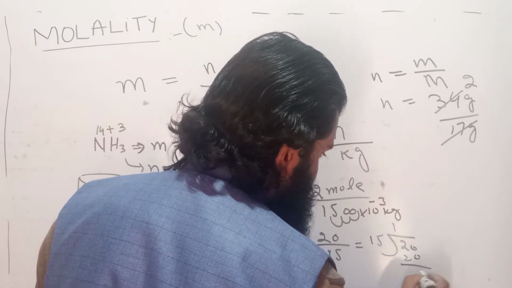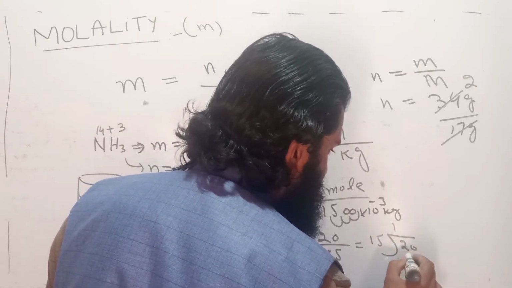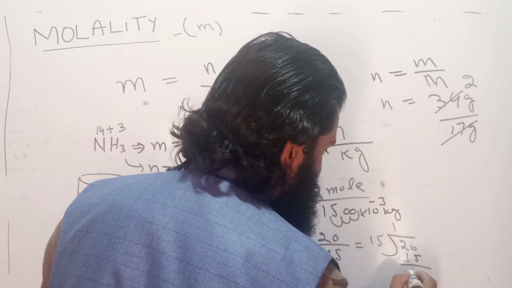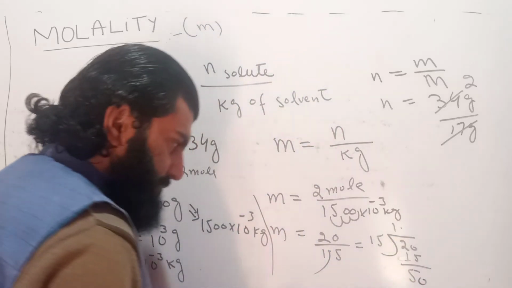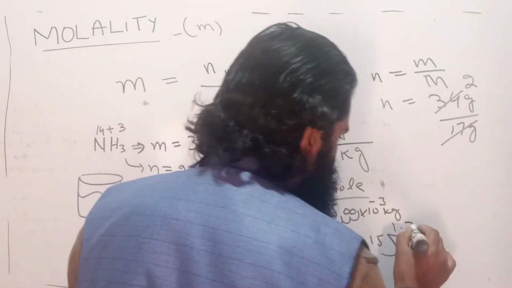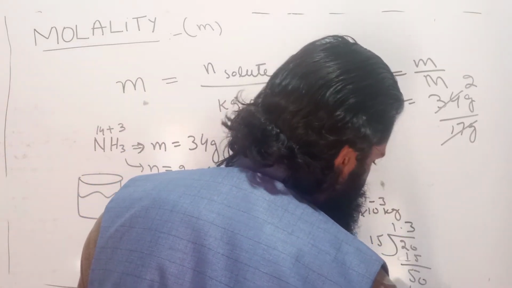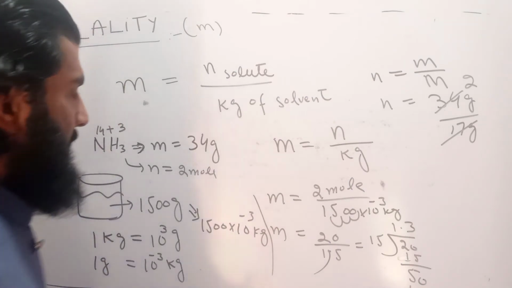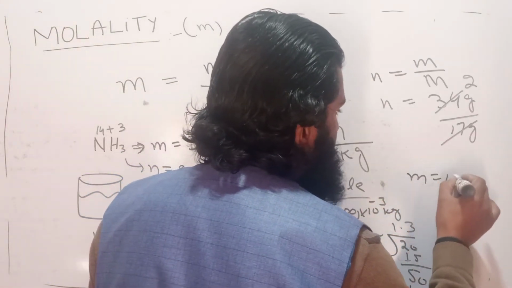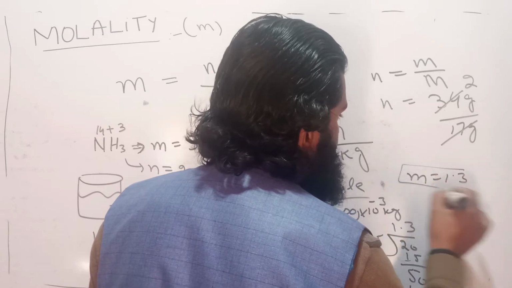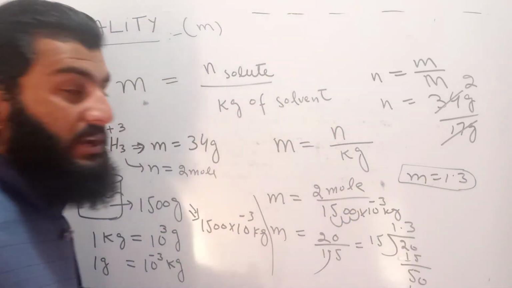Here we will write 15 and 5 will be the remainder, then 0.0 and 3, 45. Clear? So here the molality is 1.3 molal.